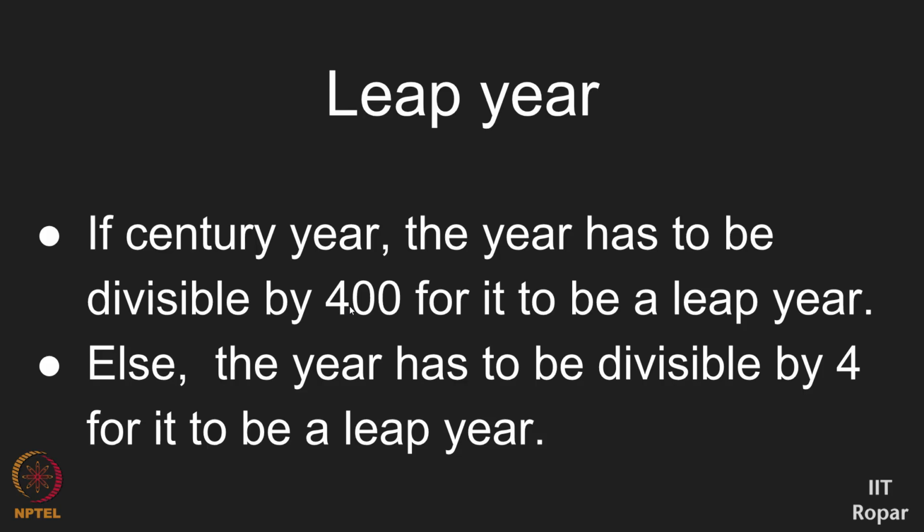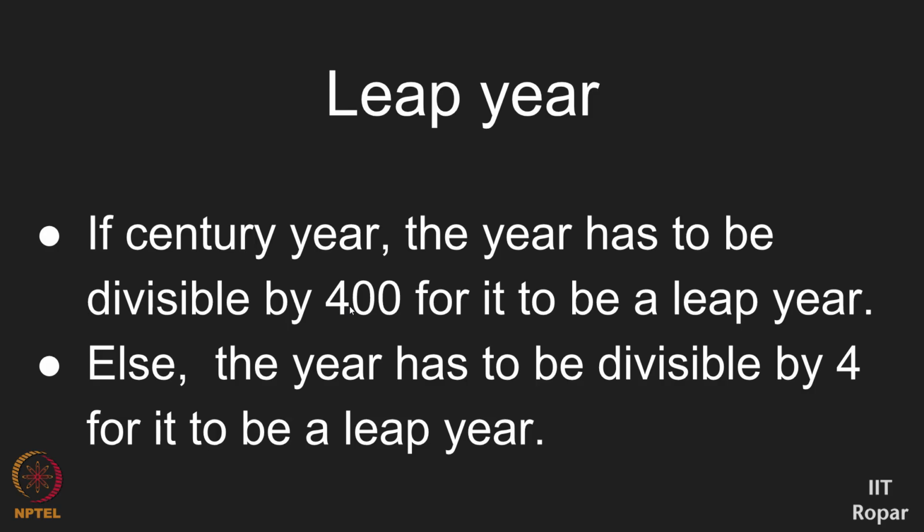For example, 1900 is a century year. If I check the divisibility by 400, 1900 is not exactly divisible by 400, hence 1900 is not a leap year. Whereas 2000 is a century year, so check for 400 divisibility. 2000 is exactly divisible by 400, hence 2000 is a leap year.